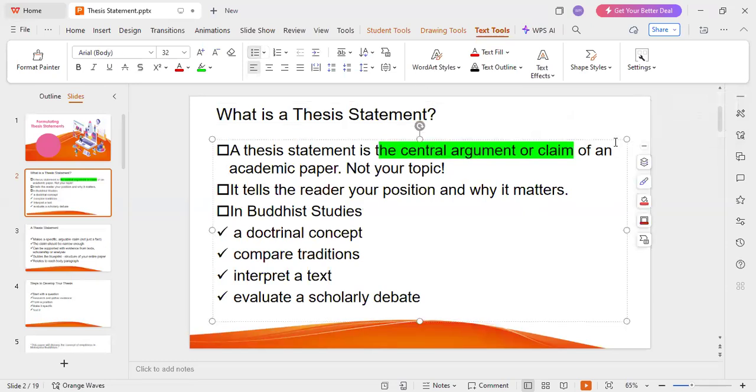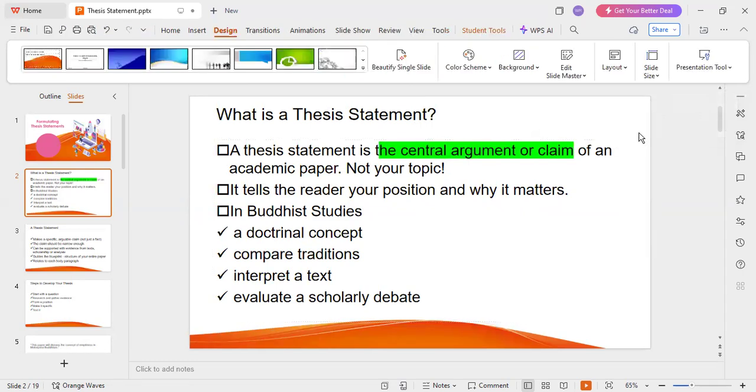So when a reader reads your paper or abstract, he or she should be able to identify your position and why this position matters. That means you should be able to guide the reader in the direction that you want to take them. Specifically, if we consider your stream, Buddhist studies, be it Buddhist culture or Buddhist philosophy, under that umbrella term, your thesis statement can be based on a doctrinal concept.